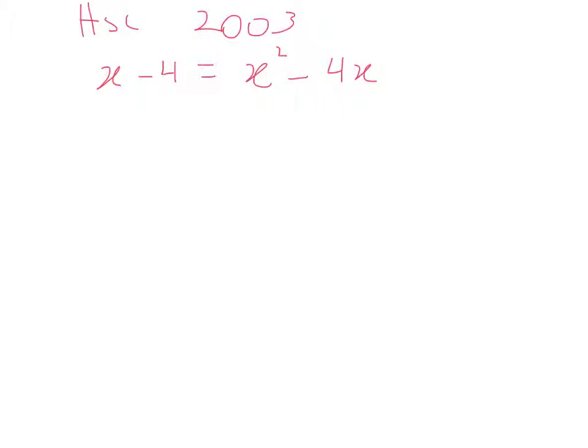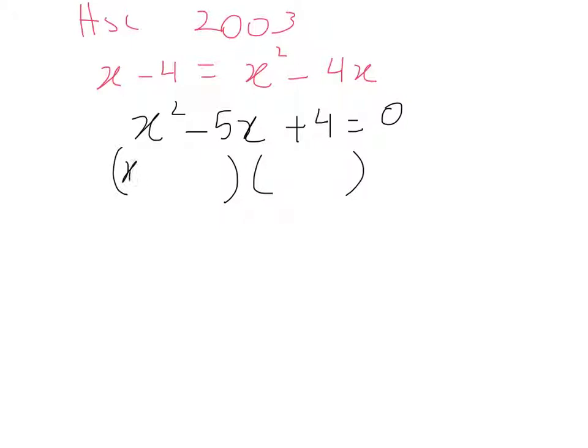Solving this, collecting like terms, we will end up with x squared minus 5x plus 4 equal to 0, which will be easy to factorize as we previously discussed. x in this bracket, x in this bracket, two numbers multiplied together to give 4 and at the same time add to give minus 5, and the only ones would be minus 1 and minus 4, equal to 0.